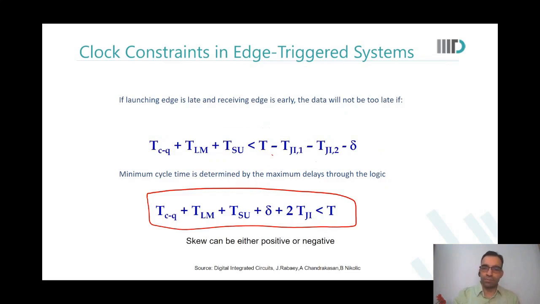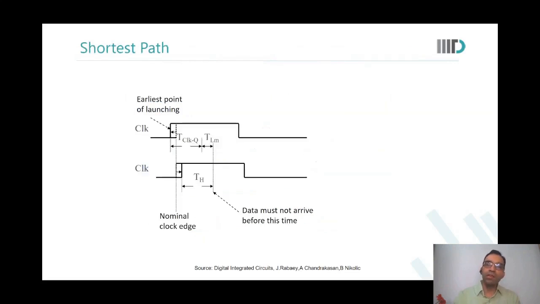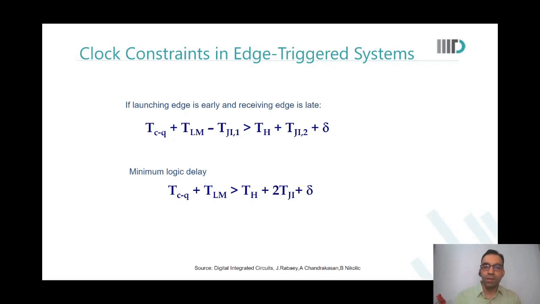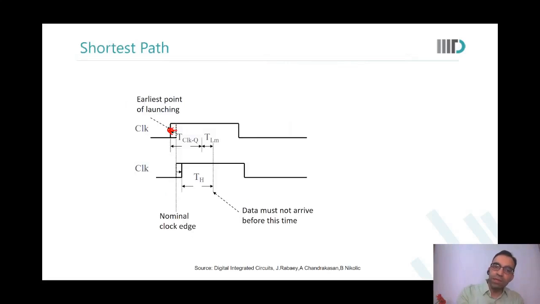Similarly, for the hold, what do you see? The clock launched a little earlier because of jitter. It launched a little earlier on the first flop, and on the second flop, it came a little later because of jitter only.